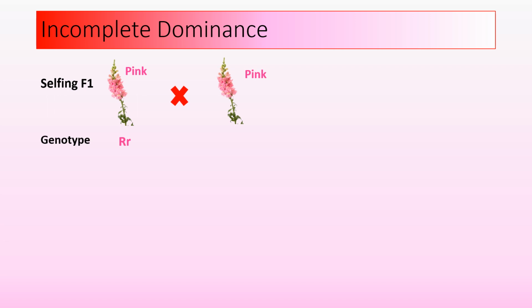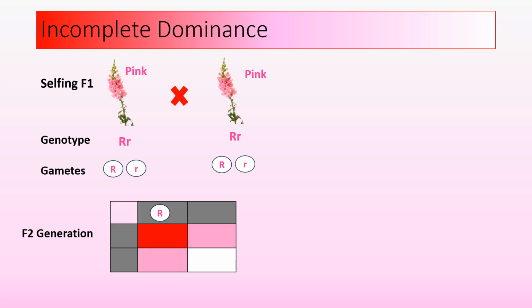So when we do a selfing of the F1 plant, that is, we take two F1 plants and cross them, the F1 plants have pink flowers and their genotype, we saw, is capital R, small r. So from each plant, half the gametes are capital R and half are small r. In the F2 generation, in the Punnett square, we get capital R capital R, and the phenotype of that flower is red.